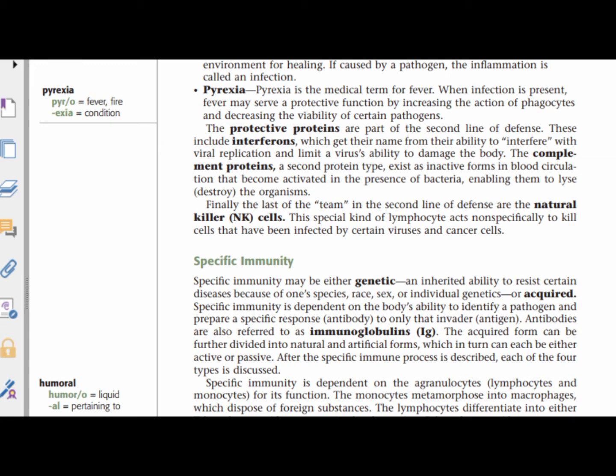Acquired may be from your mother or given to you by others. There are also some specific immunity that could be inherited.